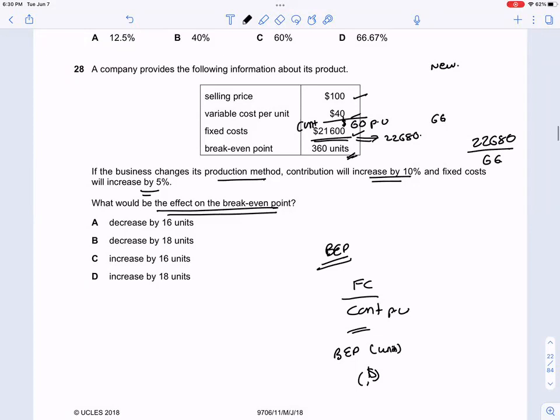So my new break-even point is 22,680 divided by 66, so it is 344 units. What was my old break-even point? 360. So what is the effect on the break-even point? It is going to decrease by 16 units.